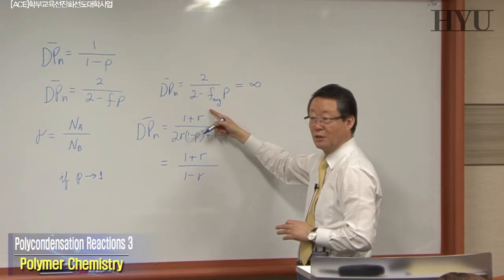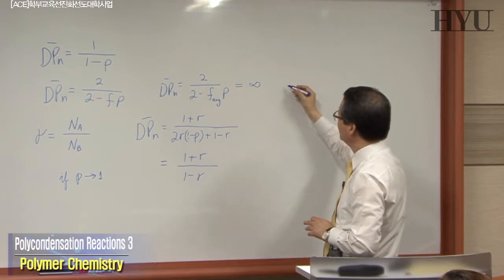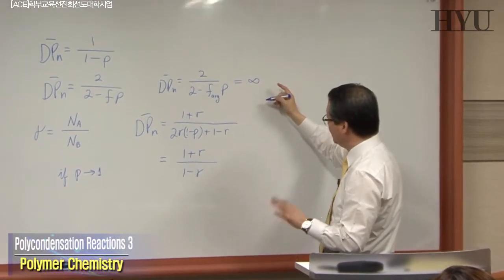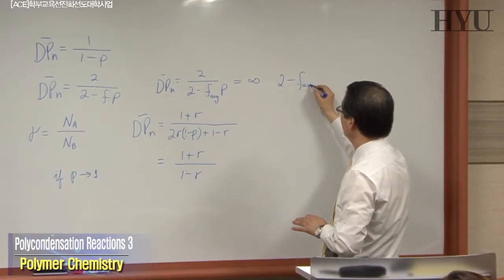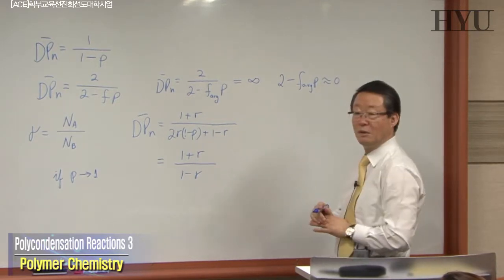Am I correct? So at that condition, at the gel point, Xn is equal to infinity, and in that sense, 2 minus F average times P is close to 0.